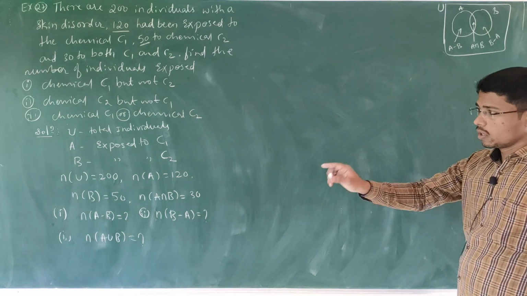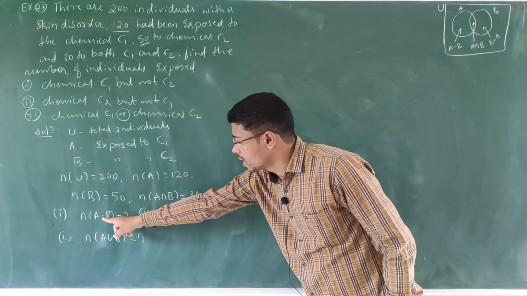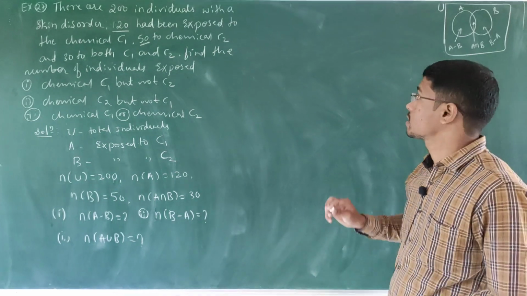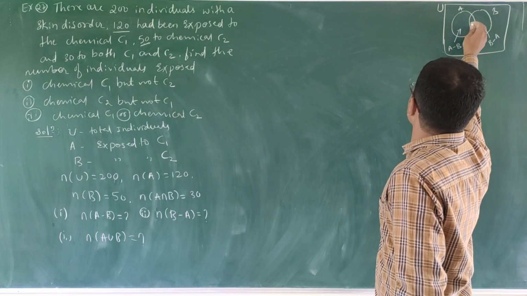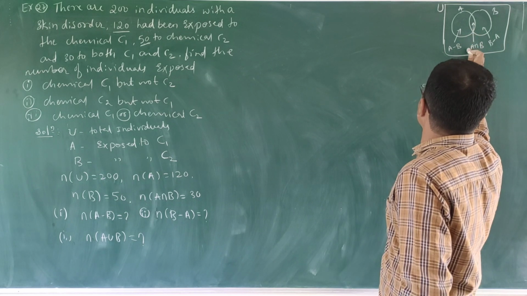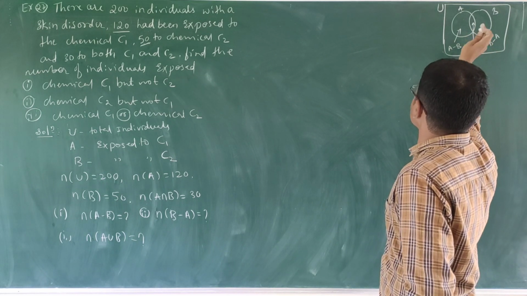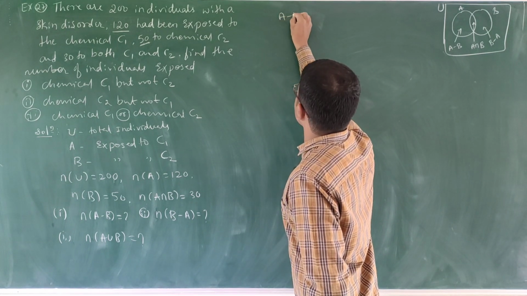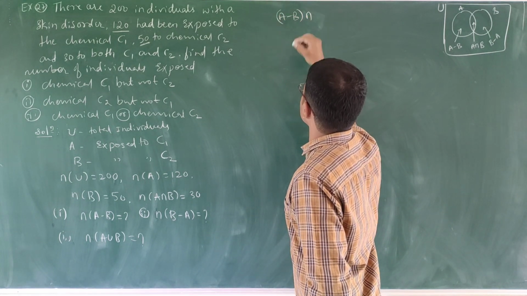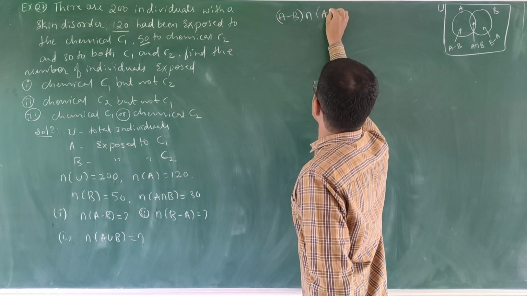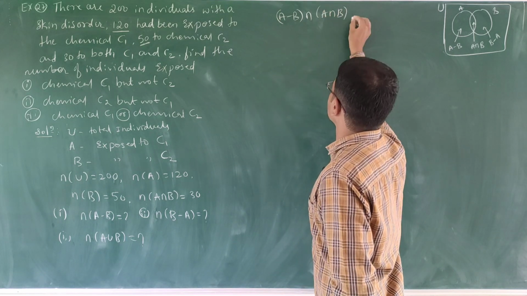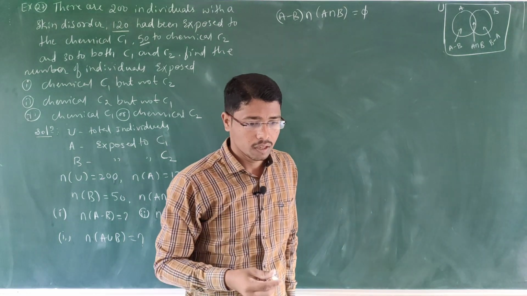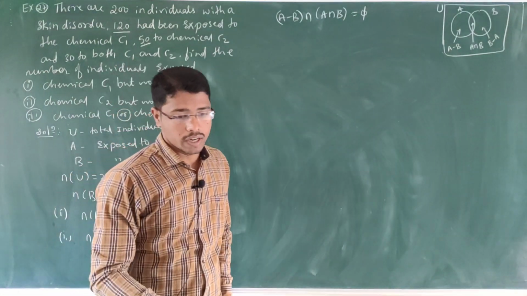Go through the first one, N of A minus B. A minus B intersection A intersection B will give you the null set, because those two are disjoint sets.